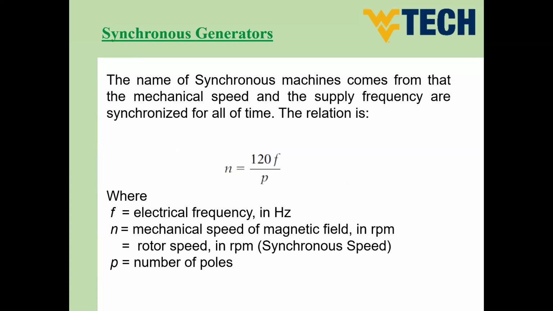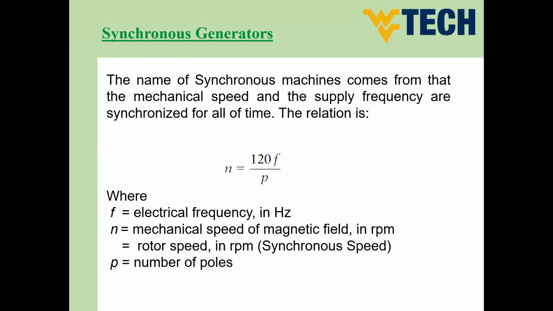Now, we call this machine a synchronous generator. Why do we call it synchronous? The word synchronous means we have two things that are synchronized together or moving at the same time or in the same frame. So everything between them is in harmony and moving at the same time. So what are these two things that are moving in harmony?